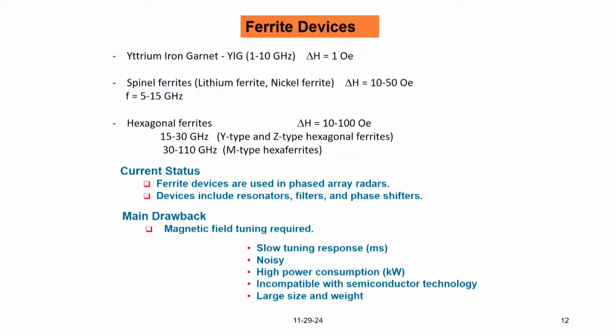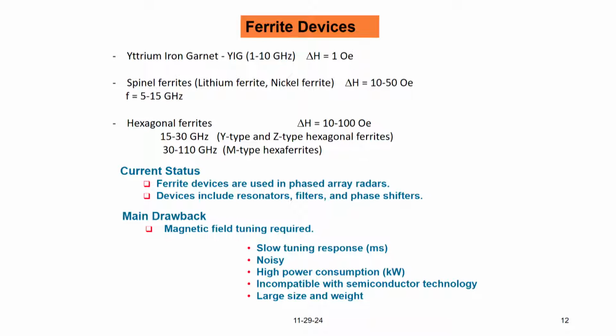Then the hexagonal ferrite, Y and Z type, the maximum limit is 30. And for M type, it's between 30 and 110. So these devices are used in phased array radars, and they include resonators, filters, phase shifters, and so on. They are front-end elements in phased array radars.